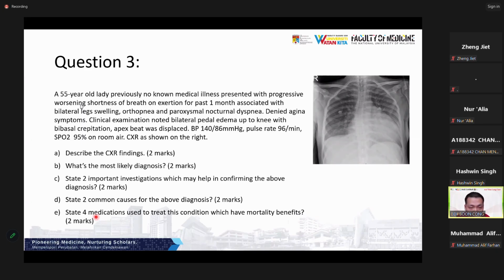You cannot write the short form, you write the full name. Your third pillar is your MRA, such as spironolactone. And the fourth one is your SGLT2 inhibitor, which is empagliflozin or dapagliflozin. So these are the four pillars you require to start for this patient. And the patient's BP and heart rate are also quite good for you to start the medications.